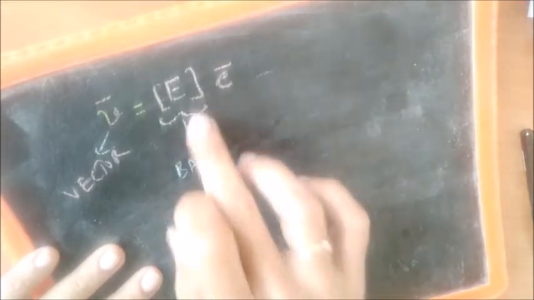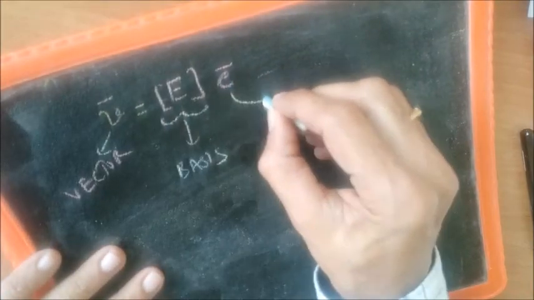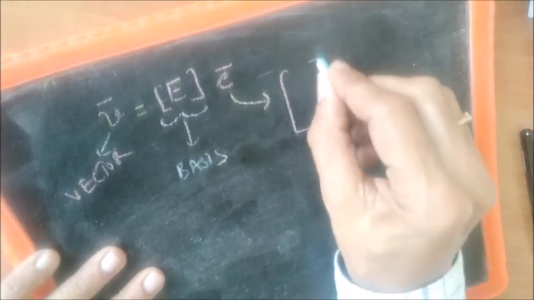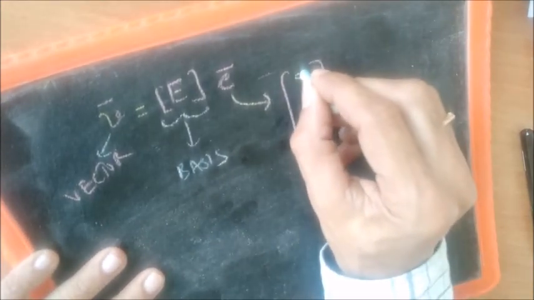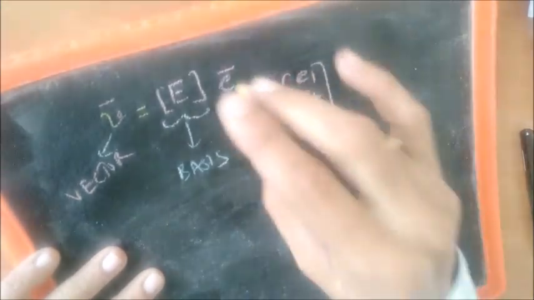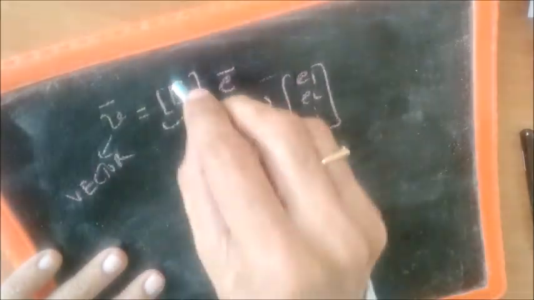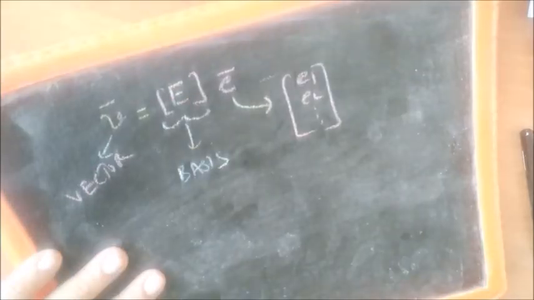This matrix has the basis vectors stacked in it, and C will have C1, C2 and so on. These will be the coordinates of this vector as per this basis.